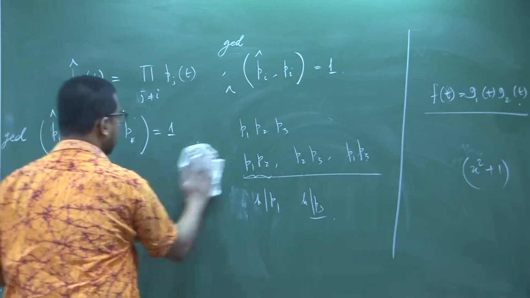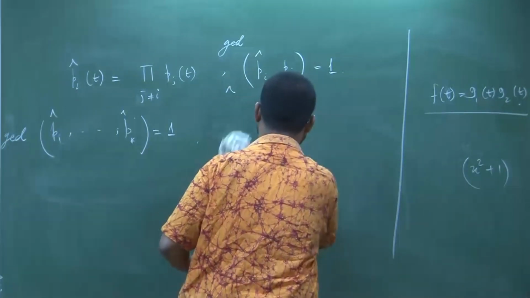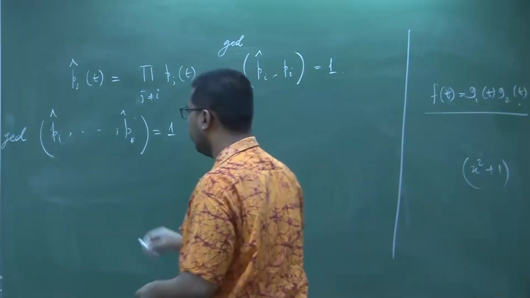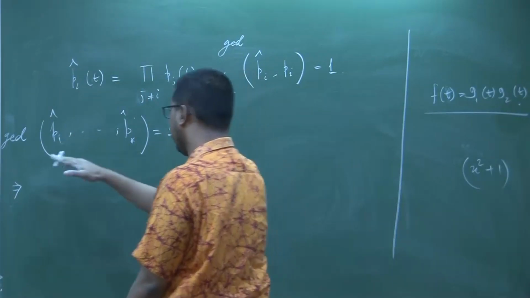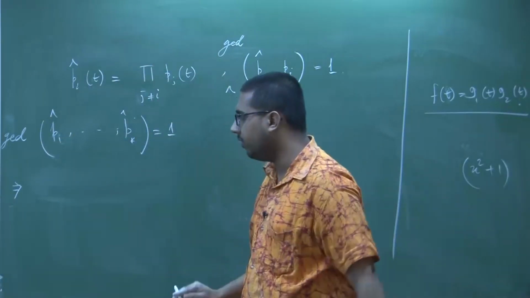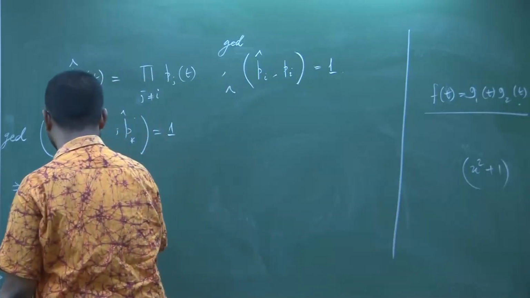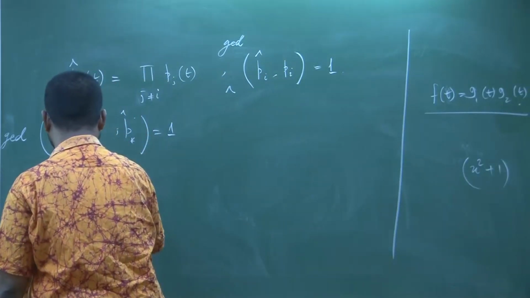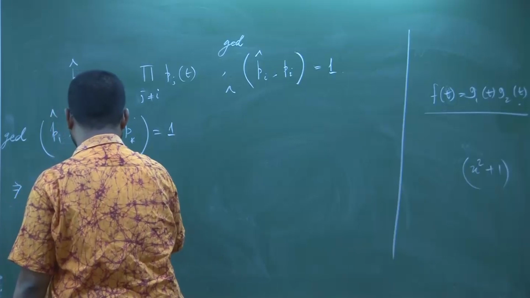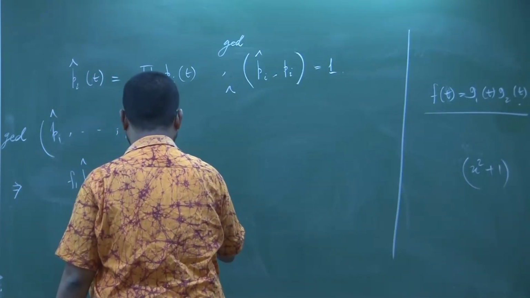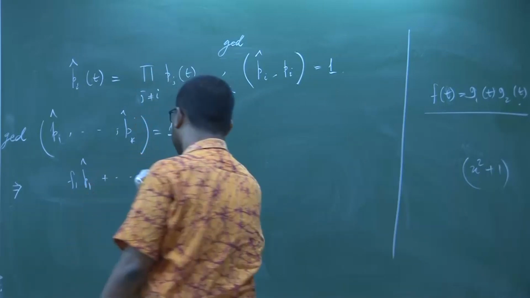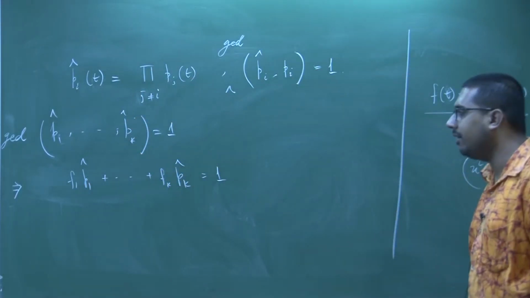Alright. So, since the GCD is 1, from the general fact about polynomials, one can be written as a linear combination of them. So, we do have polynomials, let us say f1 p1 hat plus ... plus fk pk hat equal to the constant polynomial 1.